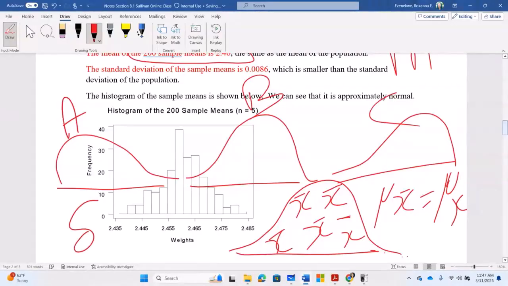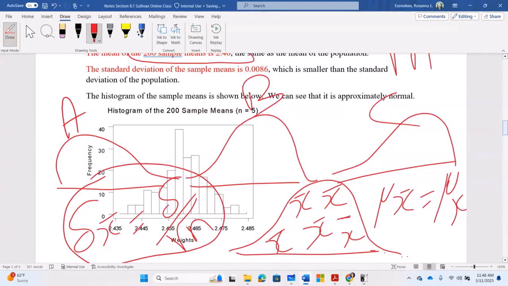The standard deviation of the central limit theorem, the distribution of means, is equal to the standard error, and the standard error is the same as the standard deviation over the square root of the sample size. So the standard deviation of the central limit theorem is called standard error.